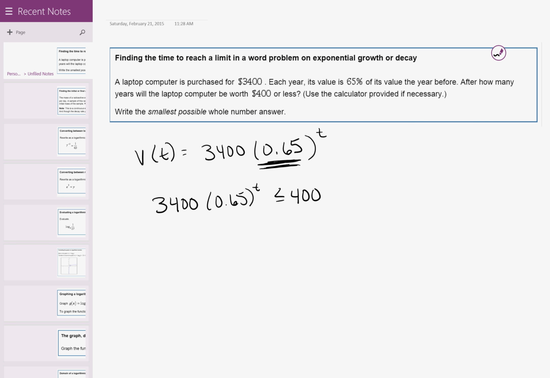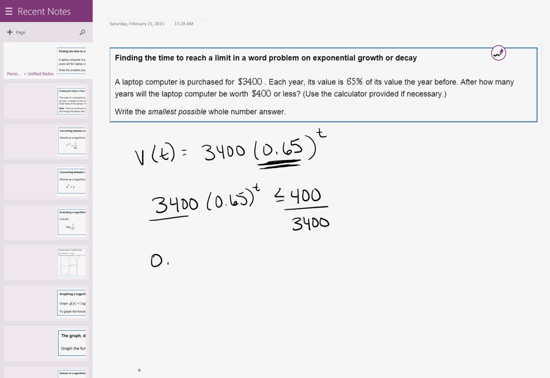Now, there are two ways to solve this, and this problem actually comes in the section before logarithms are introduced, I think to prepare you for what a logarithm is actually used for, but I'm going to show you both methods. The first one, I'm going to divide both sides by 3,400.